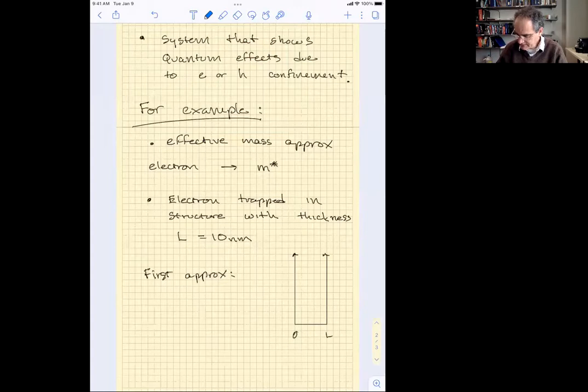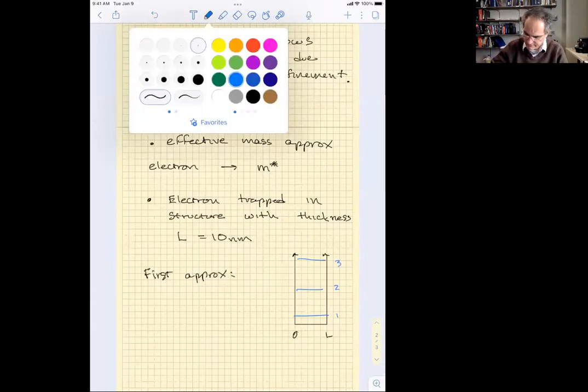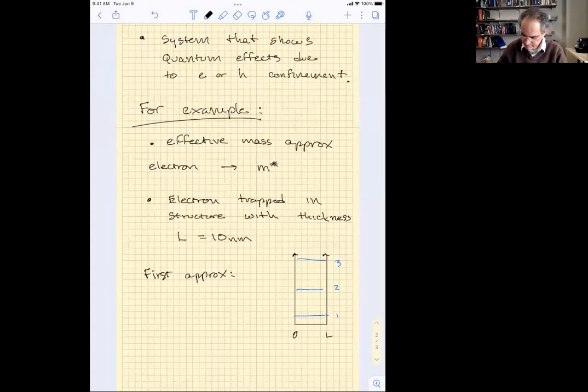In other words, we'd expect to see quantized energy states. All right, of course, there are many types of confining potentials. It doesn't have to be an infinite well, but the infinite well is the simplest one. So it's definitely a place to start.